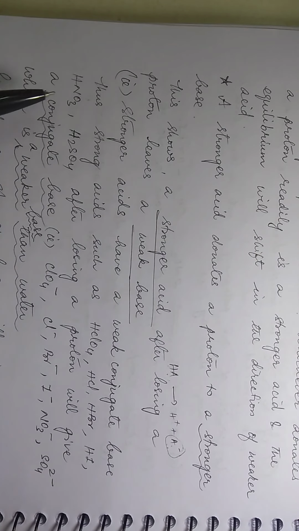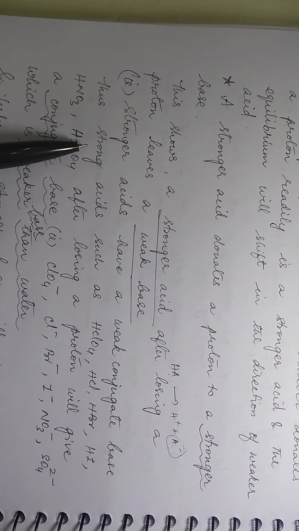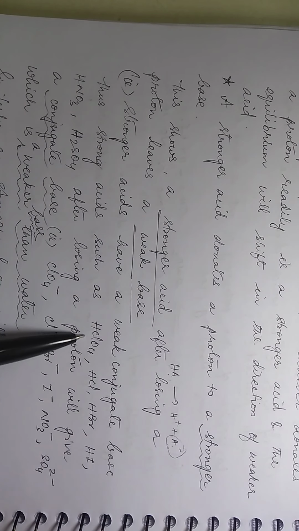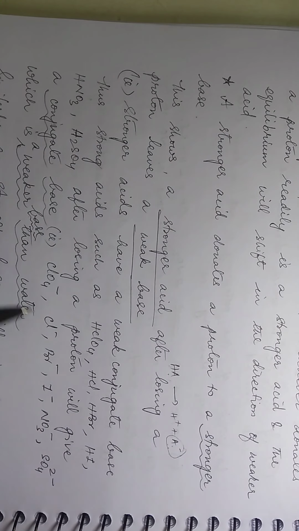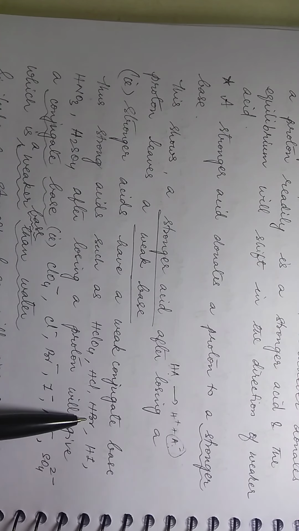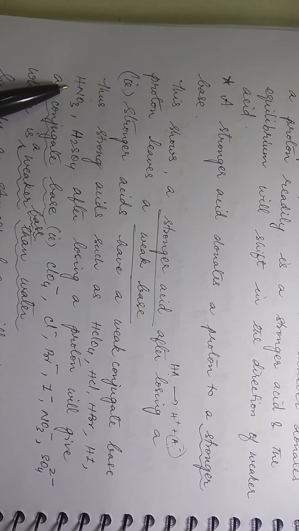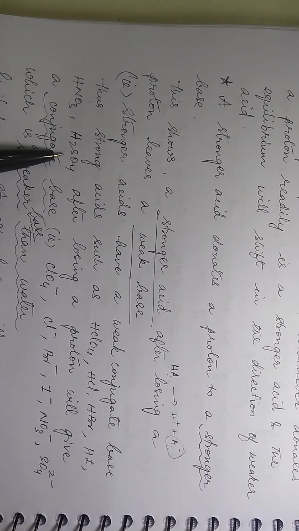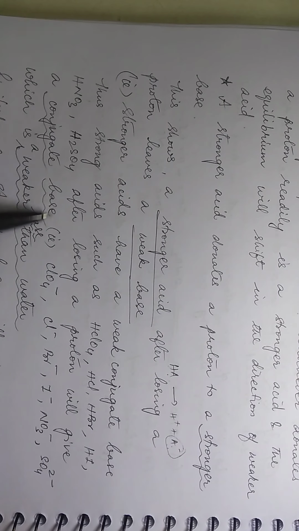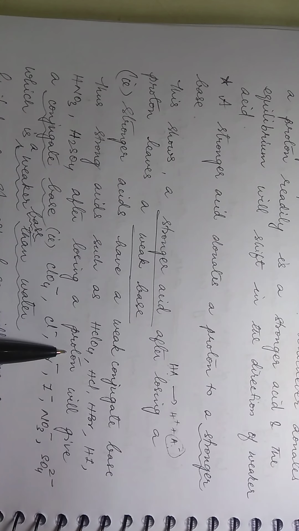So if you consider strong acids such as HClO4, called perchloric acid, HCl, you know it, HBr, HI, HNO3, H2SO4, these are all considered strong acids. After losing a proton, what will they give?